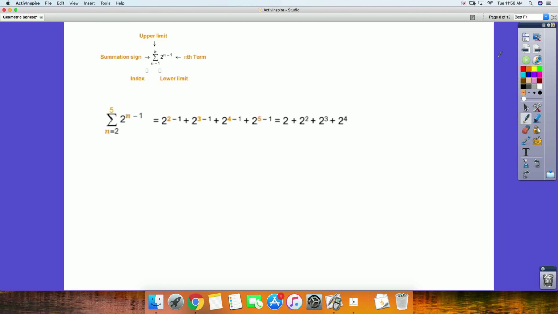So if we look at an actual problem using this, now they tell us it's the same formula, but now they tell us that we're not going to start at 1, we're going to start at 2. So our very first n that we plug in here is going to be 2, and then we're going to go all the way up to 5. So what they did is they used the rule. This was n equals 2, n equals 3, n equals 4, and n equals 5.